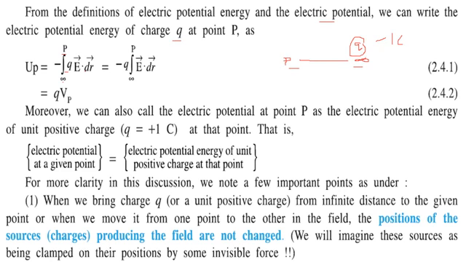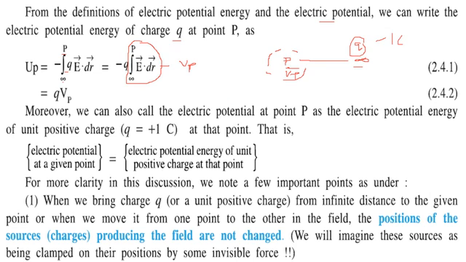Q is the charge which we are bringing in the electric field, so let us take this Q out. The minus sign is because the work is done against the electric field. And what is the integral of E dr from infinity to P? We know that this is nothing but Vp, the potential at point P.